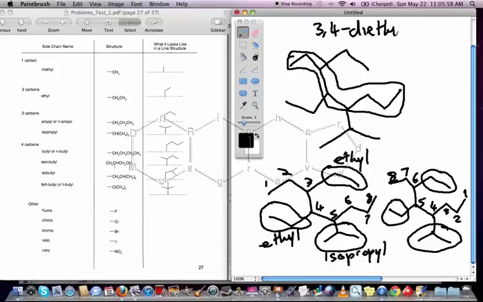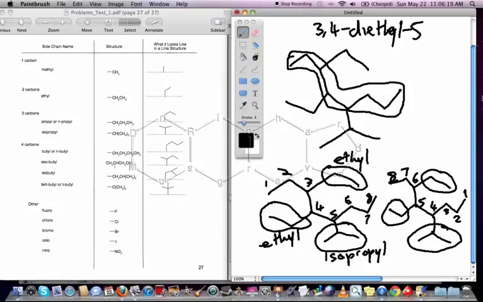diethyl. Now when you're doing this, there's always commas between the numbers, and then there's a dash between the number and the next part of a name. Likewise a dash here because we're going to put another number in, and that would be for the isopropyl group.